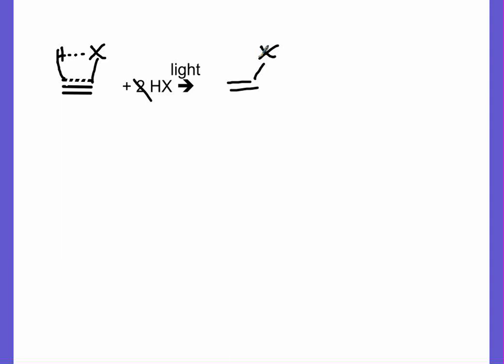But now when I try and add in another hydrohalogen, now it does matter which side that X goes to, which side that halogen goes to. And if you have been following along, you know where to put it.